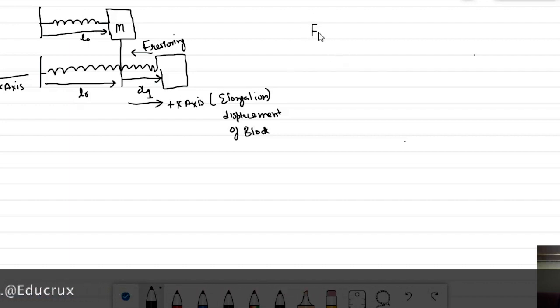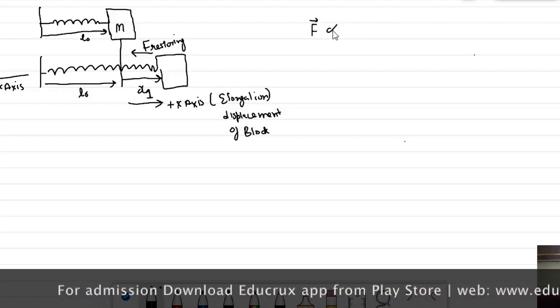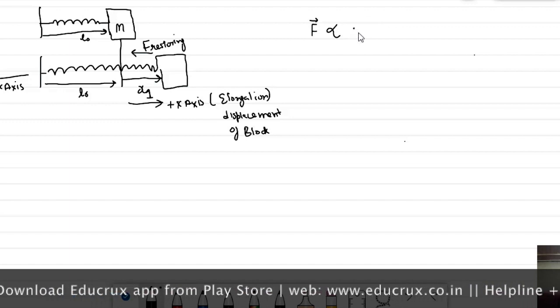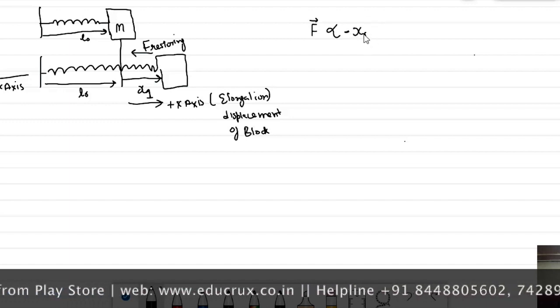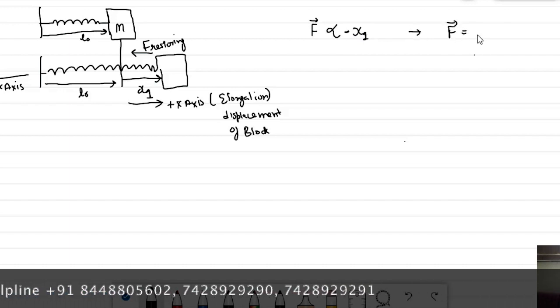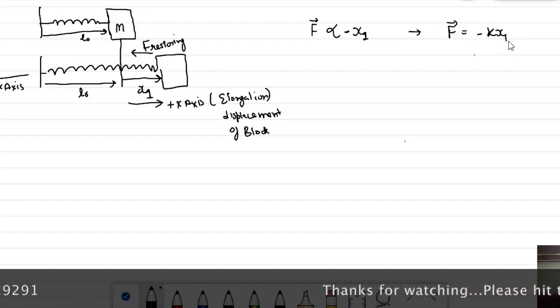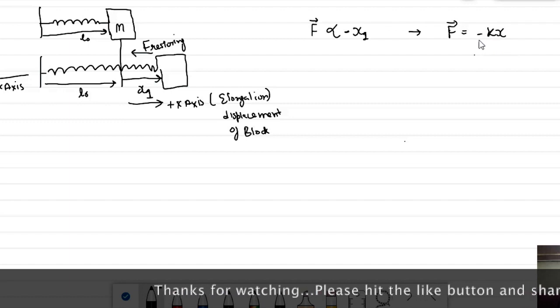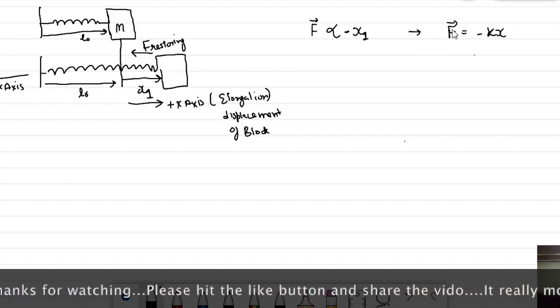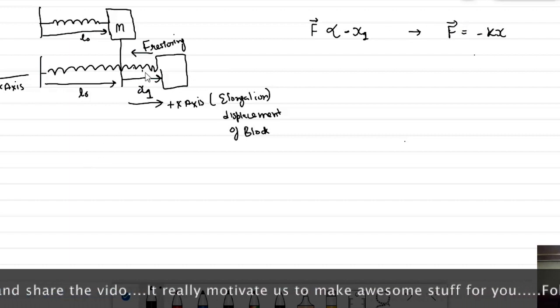From Newton's laws of motion, we saw that the restoring force on the body is proportional to the displacement, and the restoring force is given by minus kx, at any general point, that is at any instant of time, let's say at this point or this point or this point.